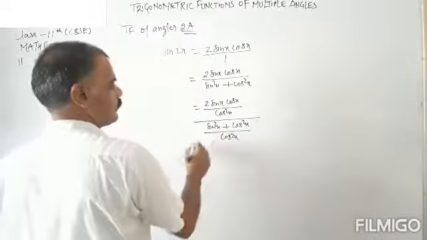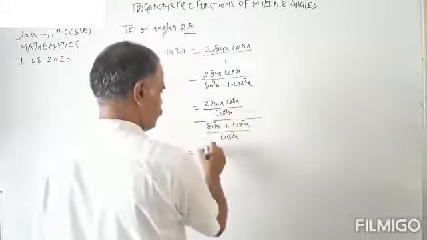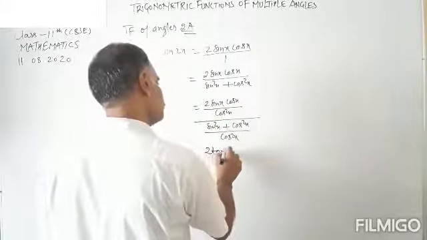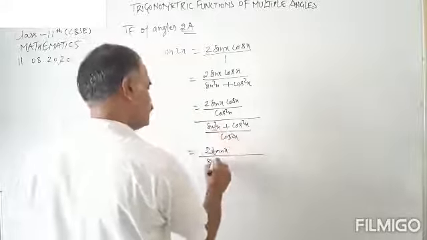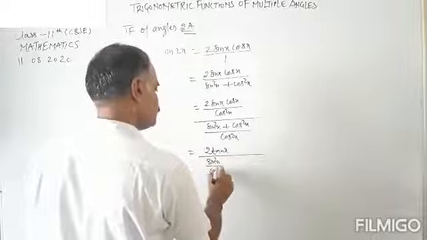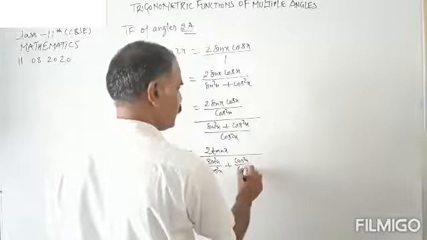So this is equal to, one cos cancels, 2 tan x at the numerator, and in the denominator sin square x upon cos square x plus cos square x upon cos square x.